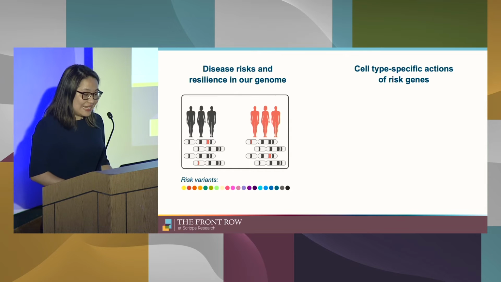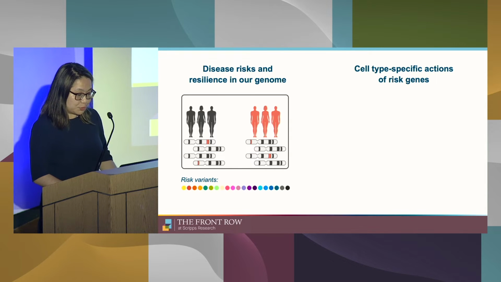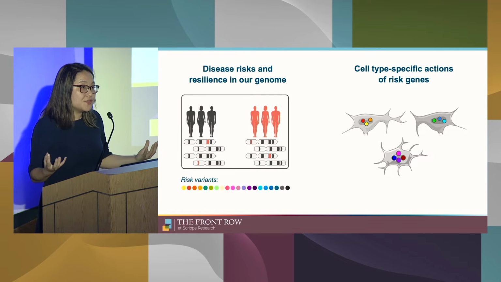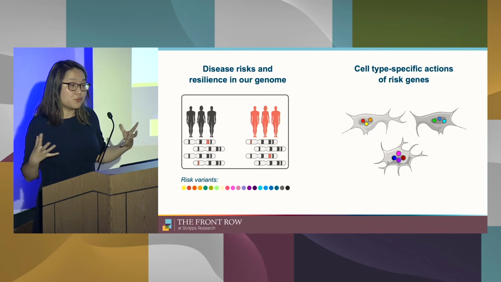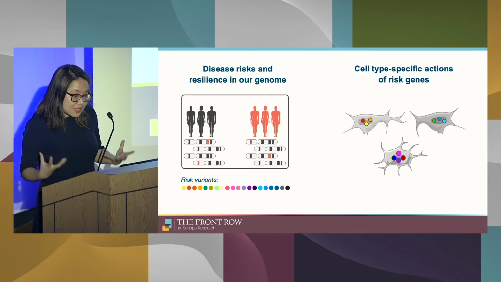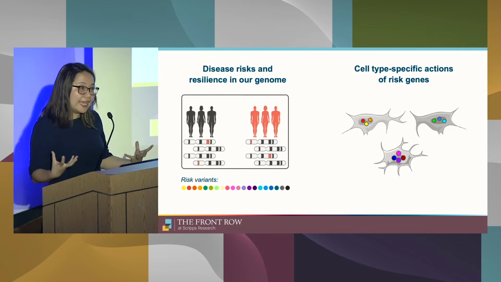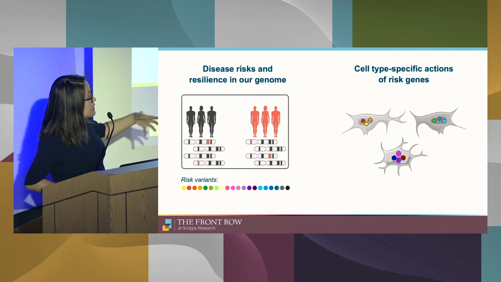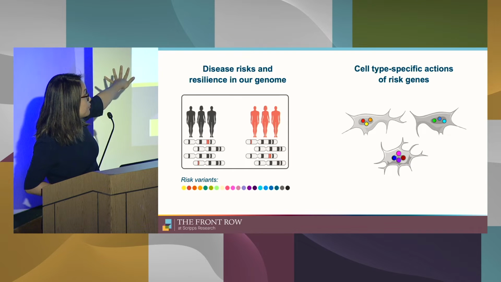But on the right side, we also start to appreciate that there are many different cell types, for example, just within our brain. And different cell types have very, very different ways to interpret all these different disease variants that I'm showing you on the left.